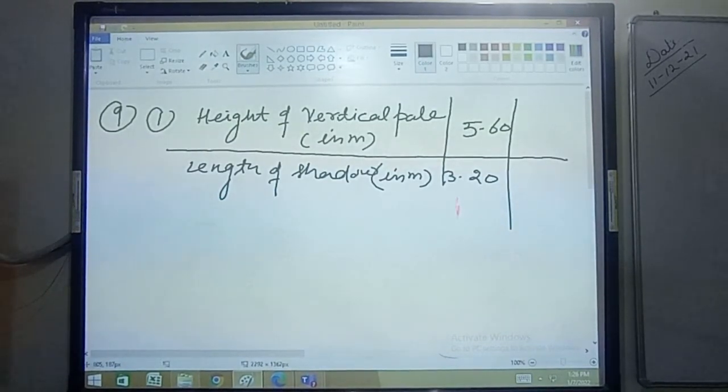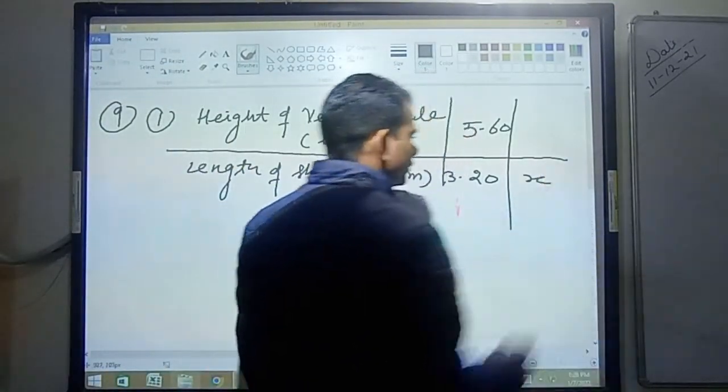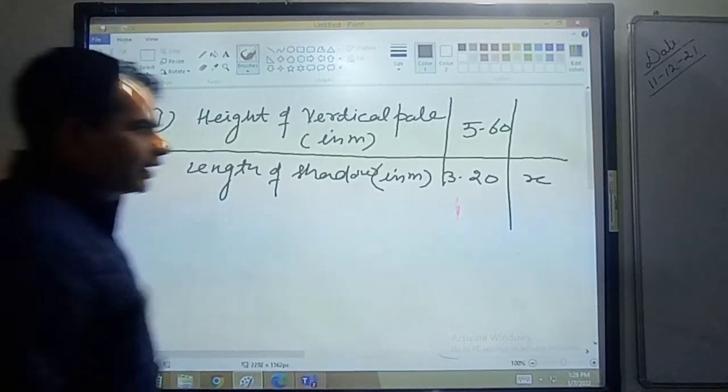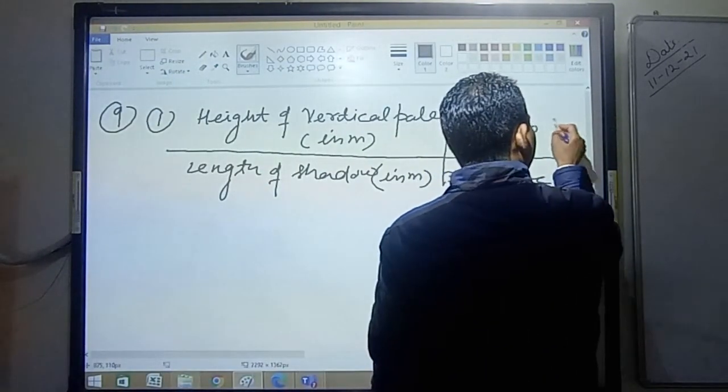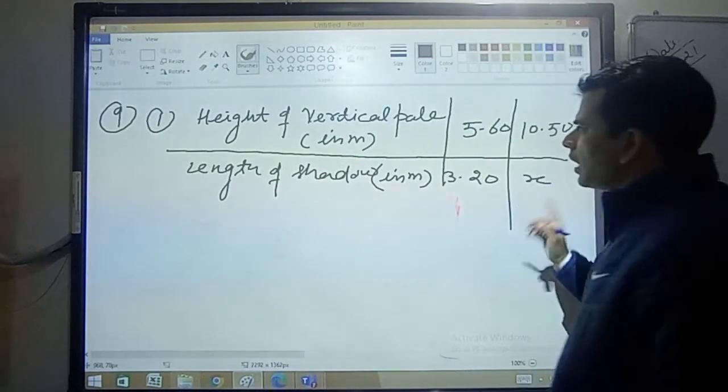Find, at the same time, the length of shadow. The length of shadow we have to find out. Another pole is 10 meter 50 centimeter high.